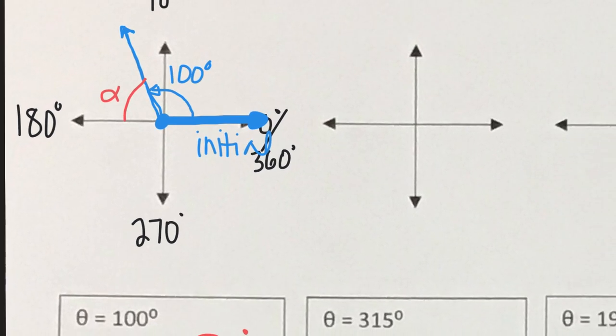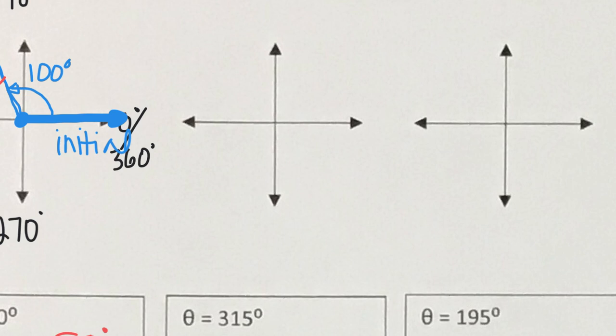Okay, moving on. 315. So remember, 270 is straight down. We start with our positive x-axis, initial side, and we go counterclockwise. So 90 is there, 180, 270 is down here, and 315 is going to be somewhere down here in the fourth quadrant.